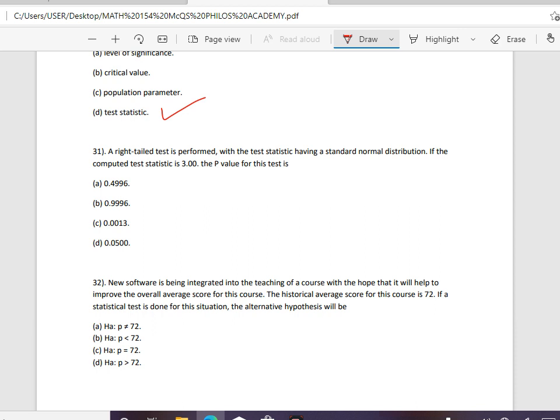Now, question 31. A right tail test is performed with a test statistic having a standard normal distribution. If the computed test statistic is 3, the p-value for the test is.